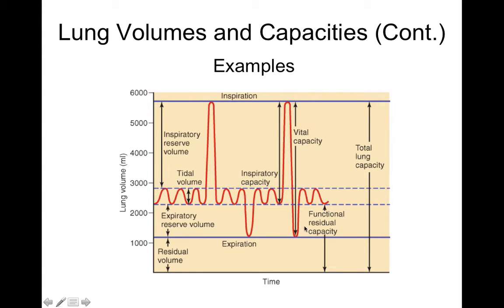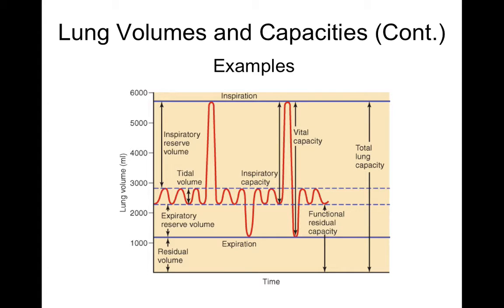We call vital capacity, you guys, basically inspiratory reserve volume plus expiratory reserve volume. It's just a way to measure total lung health. Think of vital capacity as being at the peak of your deepest inhale, and then exhaling all the way till you can't exhale anymore. That's vital capacity. And as we see here, it's between 5,000 milliliters or so, 5 liters of air, which is actually a lot of air.